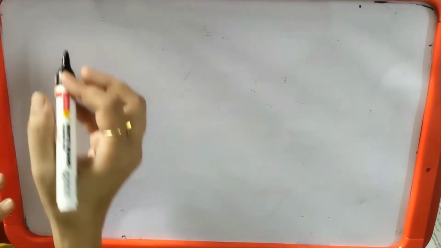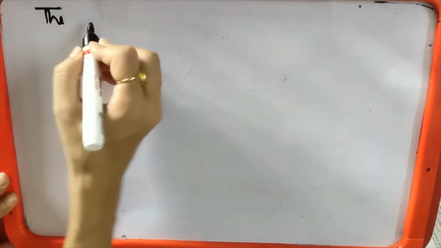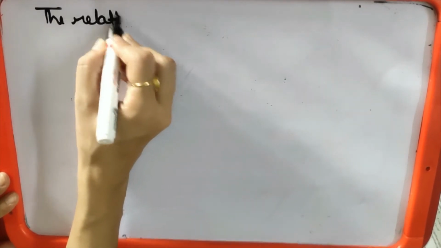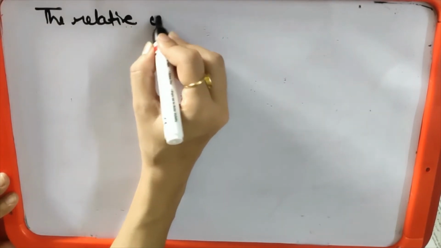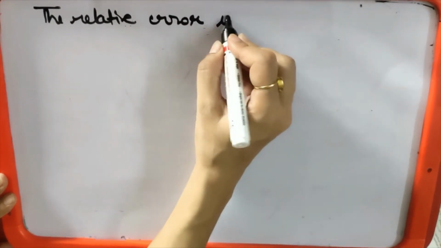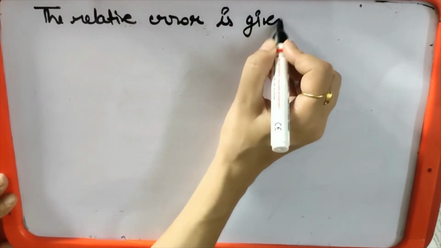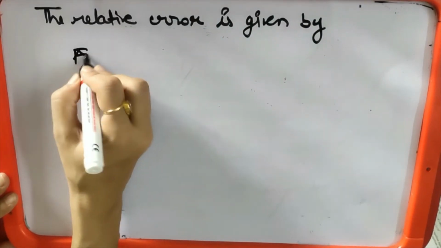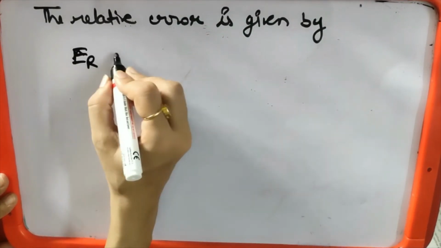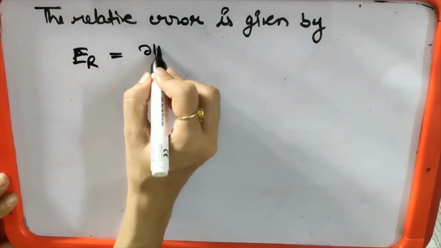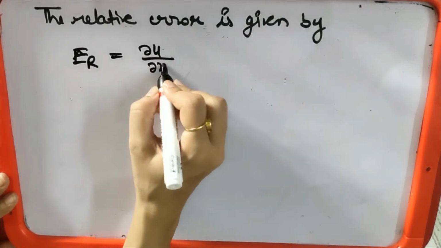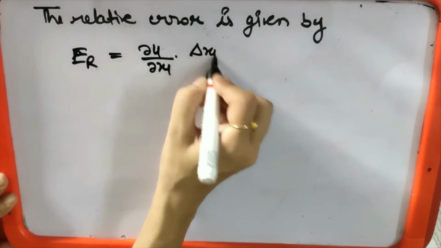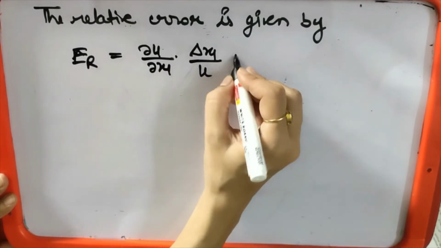Now we can find out the relative error of this. The relative error ER is given by this upon u.